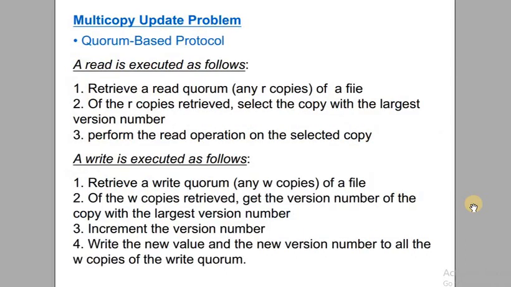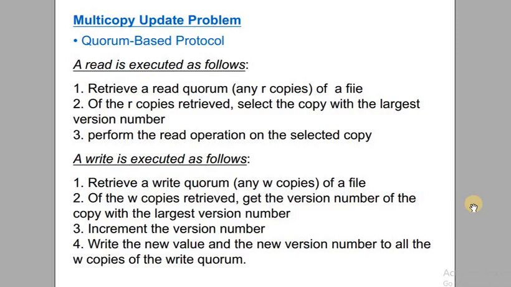Then we come to the next concept, which is the quorum-based protocol, very important. Certain rules have to be followed in order to execute read and write operations. A read is executed as follows. Retrieve a read quorum. A quorum is like a group of entities, here a group of copies: any R copies of a file.